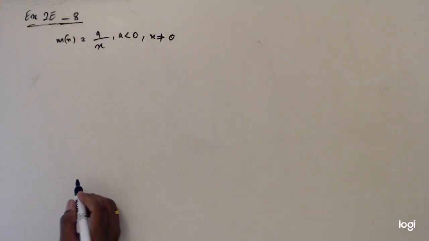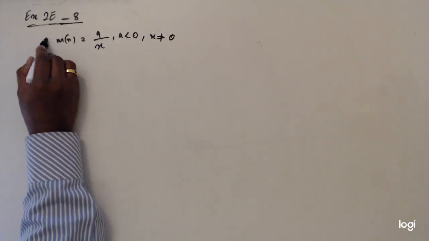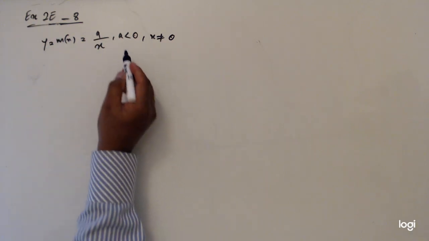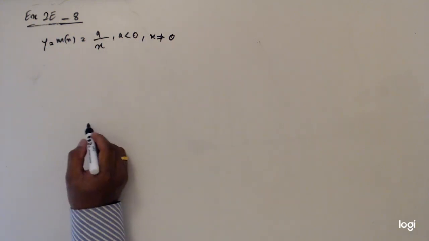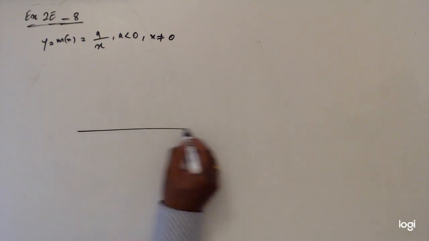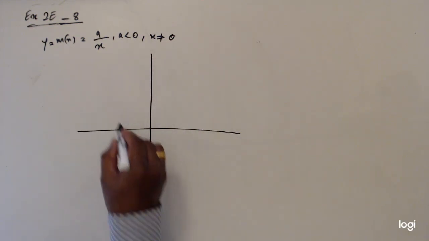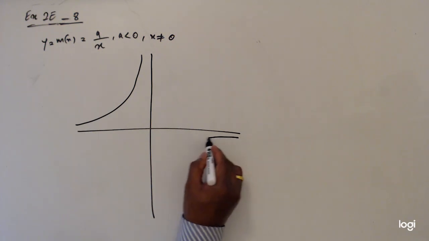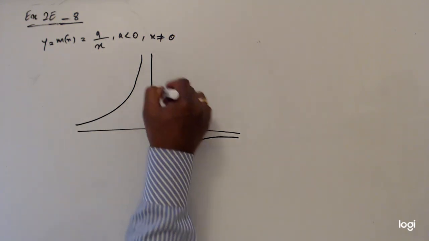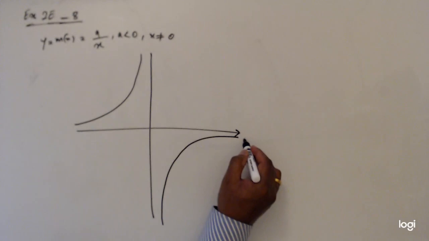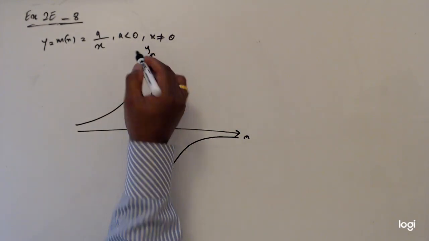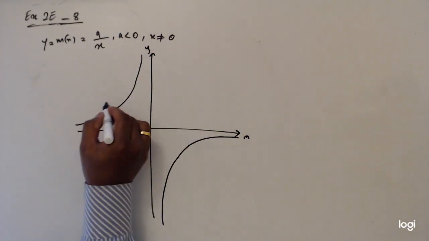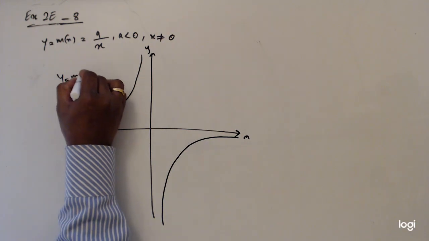Question number 8. Y equal mx, a less than 0. So the graph is going to be something like this. If a is positive, graph is like this. So now a is negative. So graph is going to be like this. This is y equal mx.